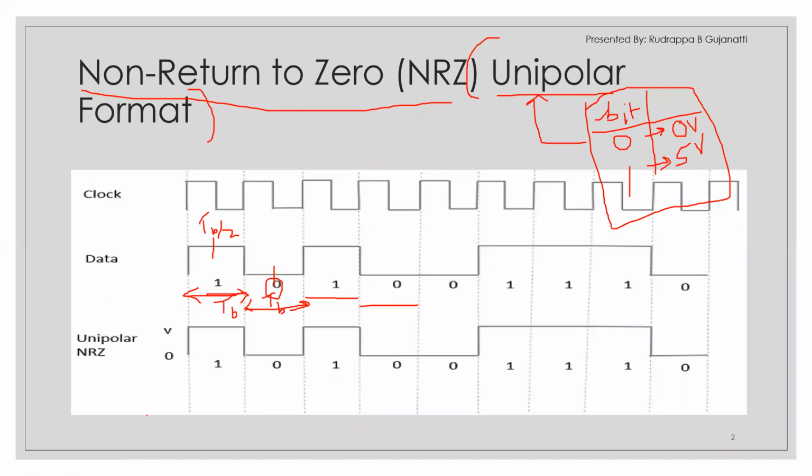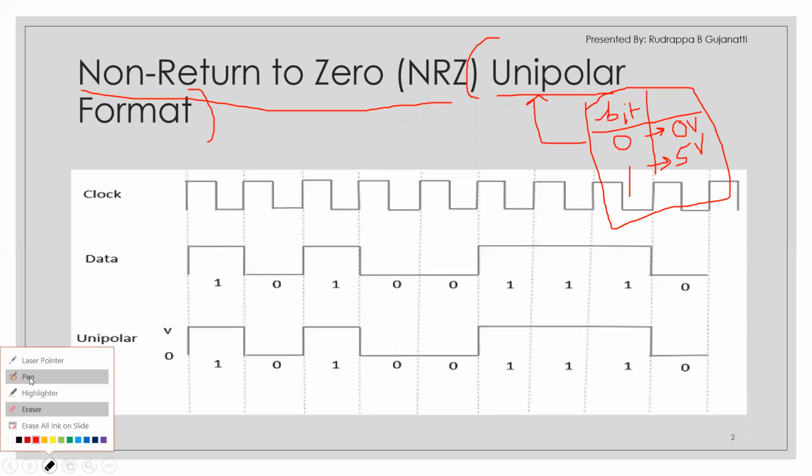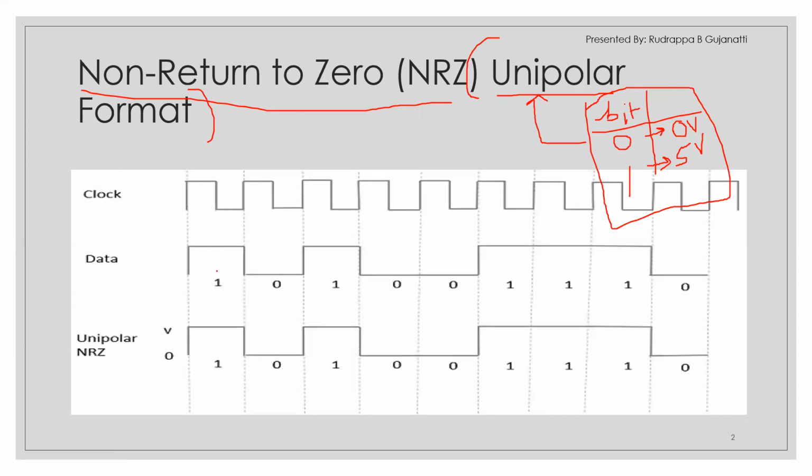The first bit is 1 here. During this entire bit interval, it will be represented with 5 volts. Say we have written it as V, so let us consider this as the 5 volts.